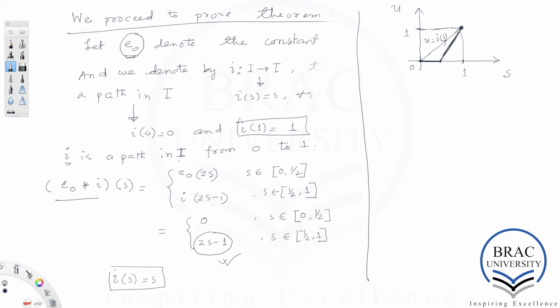So this path starting from 0 and ending at the point (1, 1) is the path U, which is equal to E0 star I at S.